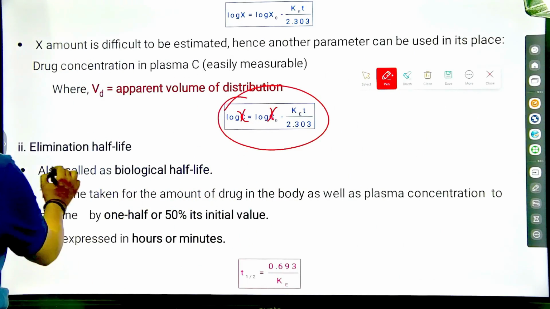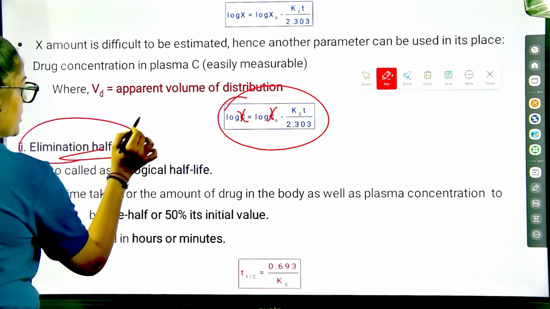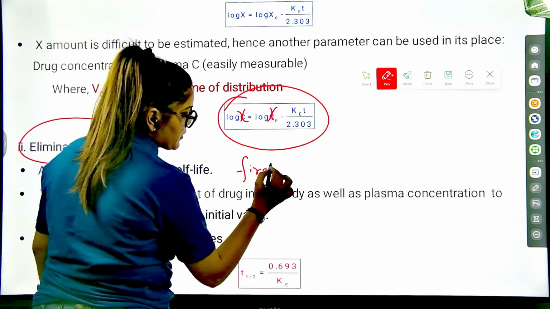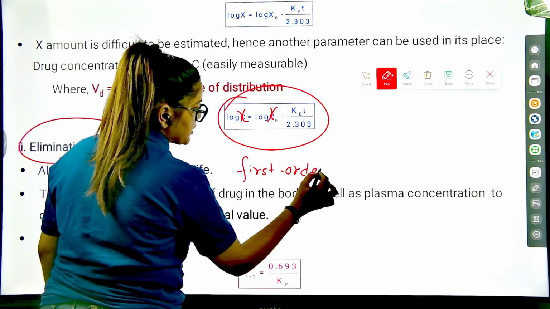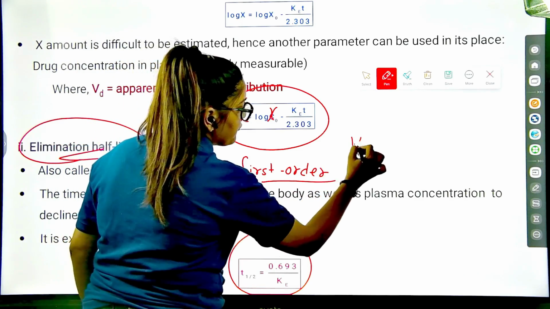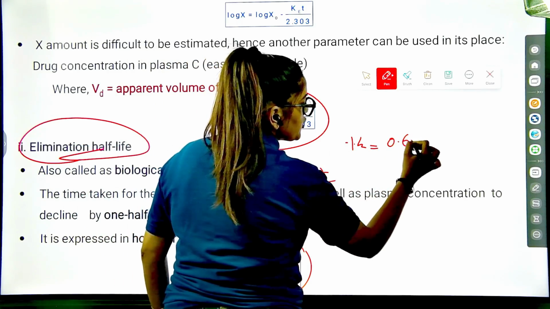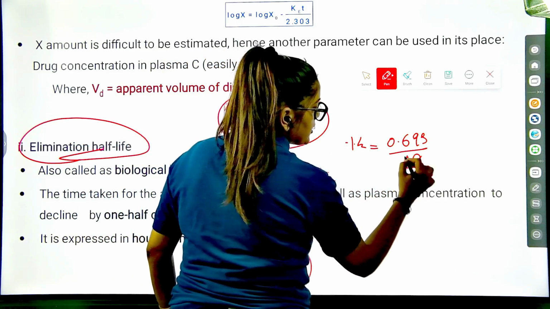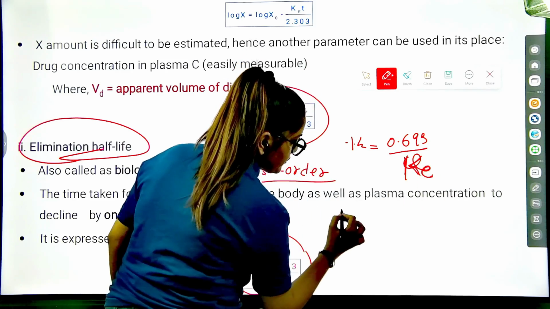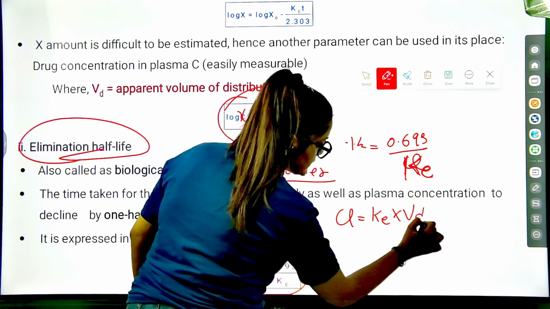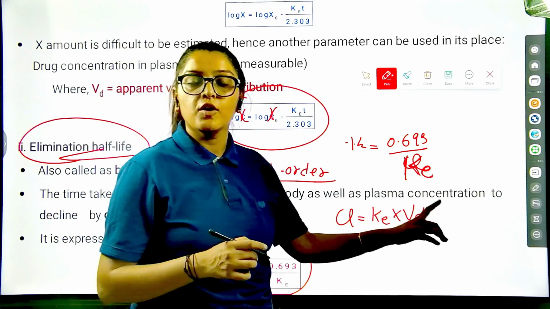You can see we have elimination half-life as well. You have seen prior to that it follows first order. So definitely the elimination half-life is going to be t1/2 = 0.693/Ke, right? Now the very simple formula of clearance is: clearance is equal to Ke into Vd.